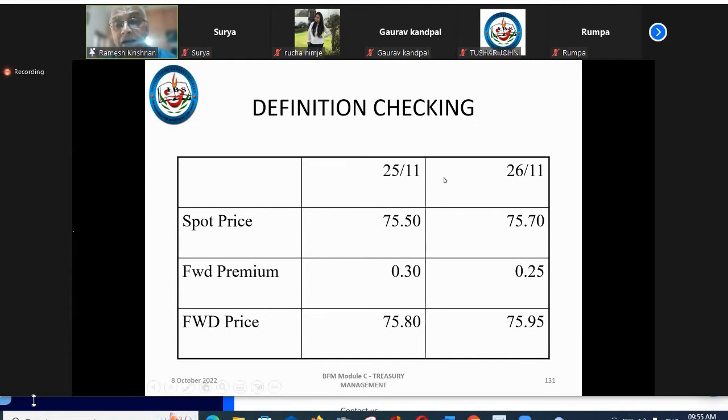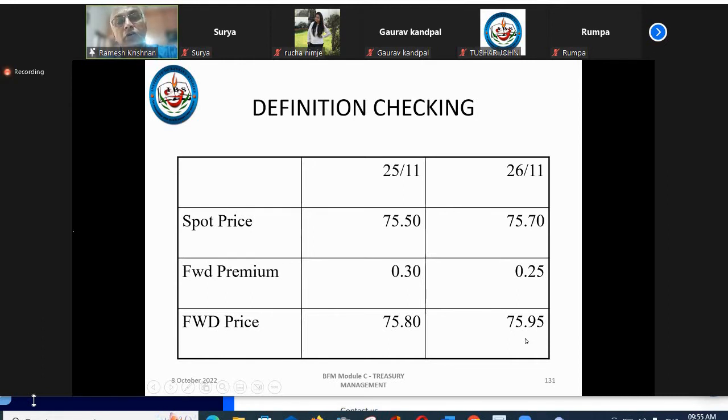So the market has moved in 1 day, and therefore the forward exchange contract price has also moved from 75.80 to 75.95. The customer cannot say, yesterday you had committed to me 75.80, why don't you give me 75.80? Maybe an importer or exporter will say, yesterday you suggested only 75.80, today you are giving me 75.95. So nobody knows today what the price will be.